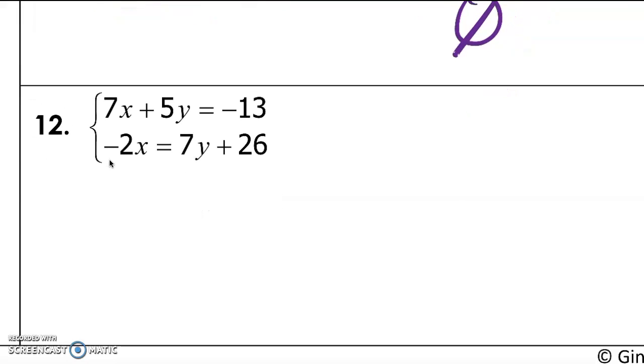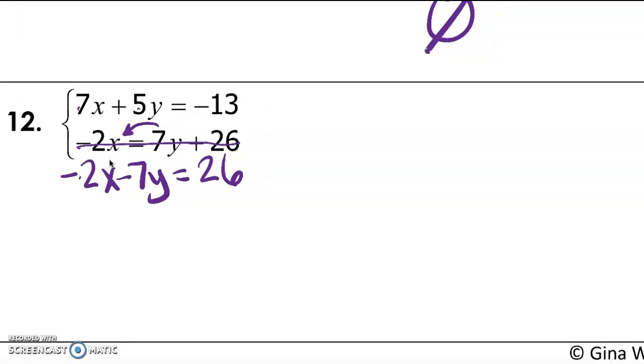Number 12. Again, they're not lined up, so we need to move the 7y over to that side. -2x minus 7y is equal to 26. So right now we're not looking at that one. We can make the x's 14 or the y's 35. I'm going to go ahead and make the x's 14.